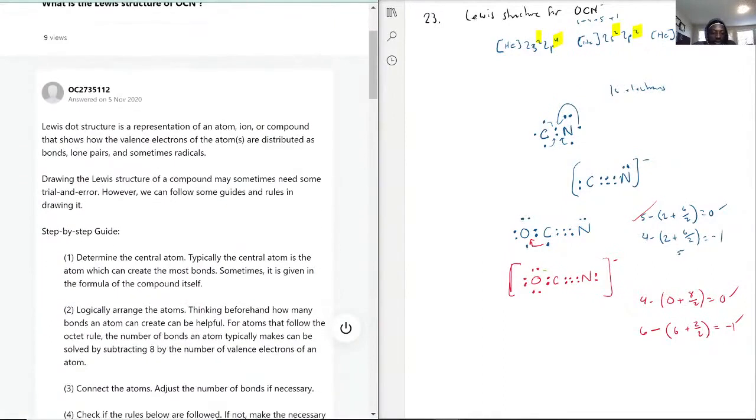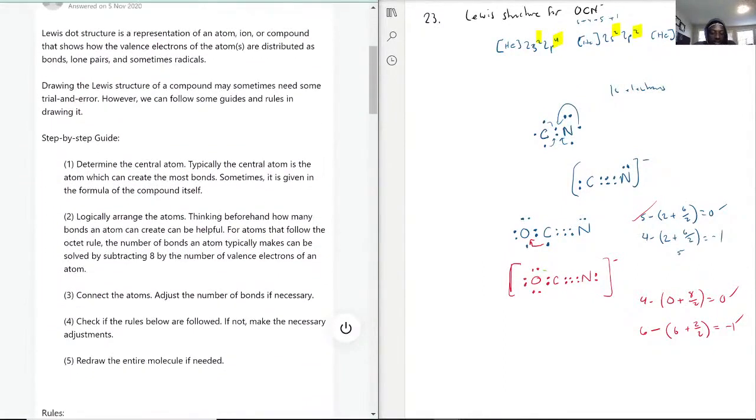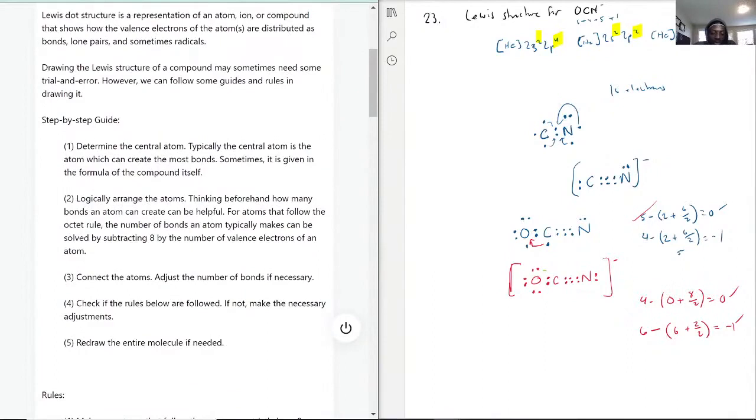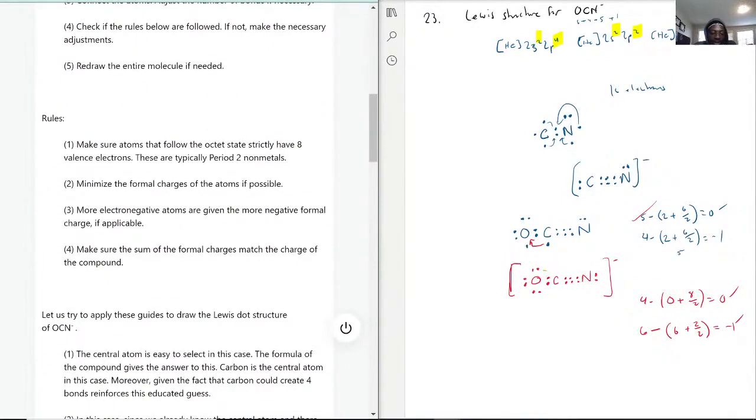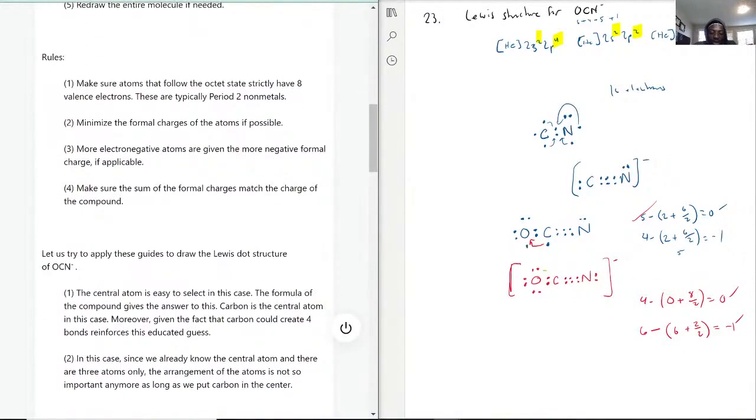Let's see how we did. Determine the central atom. Typically it's carbon, because it can create the most bonds. They have a lot of rules here. You see how we kind of troubleshoot it though? That's also a way to approach it, because sometimes if you try to be formulaic, you can end up getting stuck and not know how to change it around.